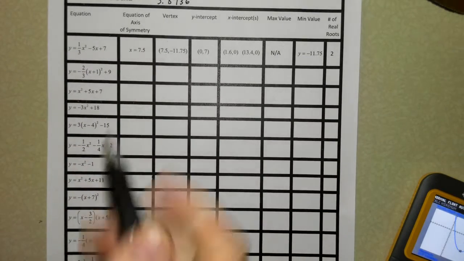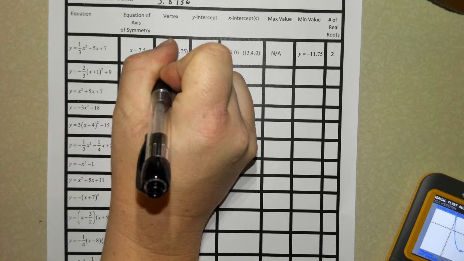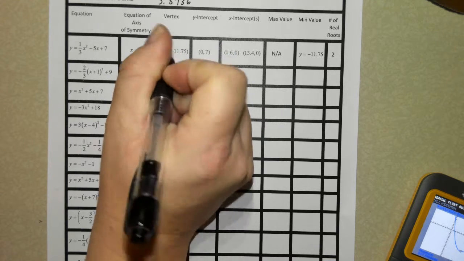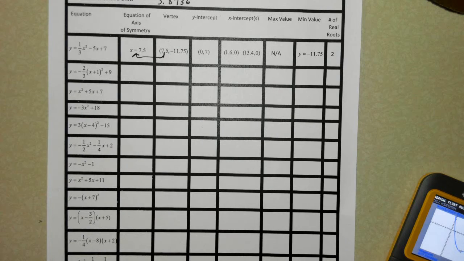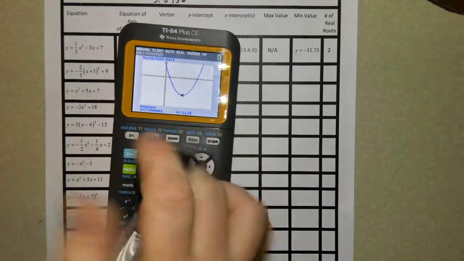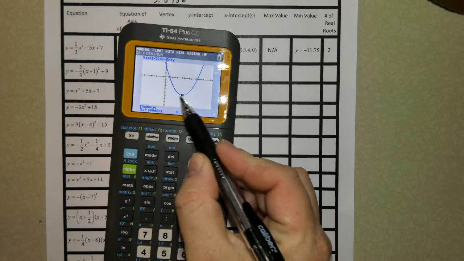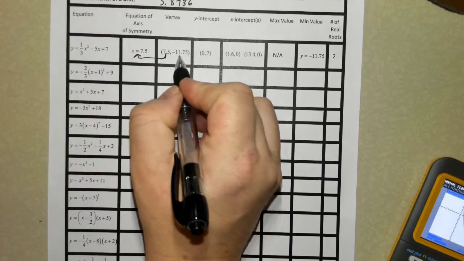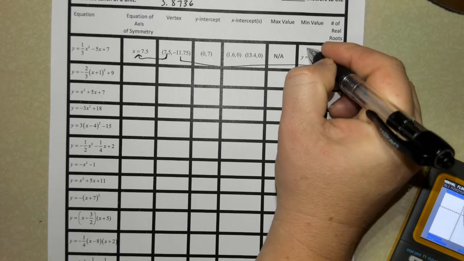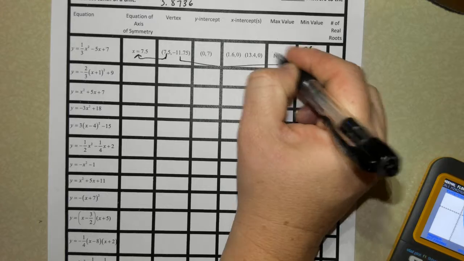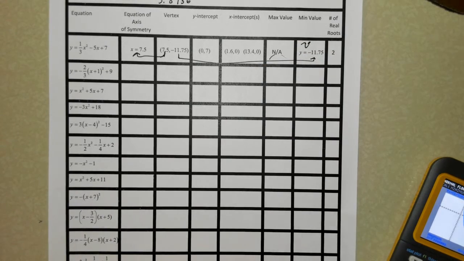As you recall from this week and last week, the x part in a quadratic function is also part of the axis of symmetry, the equation for the axis of symmetry. And in this case, the y is the minimum value. We have an NA here because our parabola opens up. There's a minimum. There are no maximums.